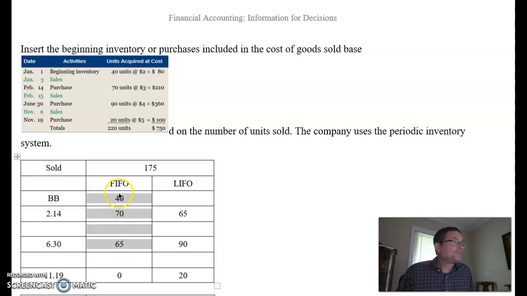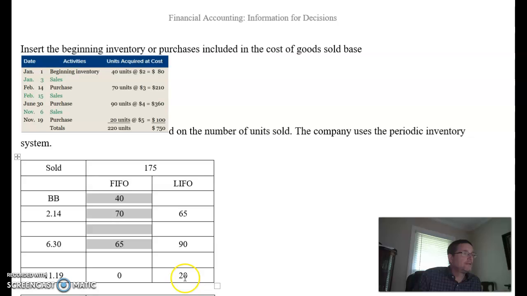All right, so that's how you do FIFO. The opposite is LIFO. In LIFO, we assume we sold the most recently acquired units first, and then we work our way back. So what we do with LIFO is the opposite of FIFO. We start with the most recent and keep working our way back to the oldest until we hit 175.